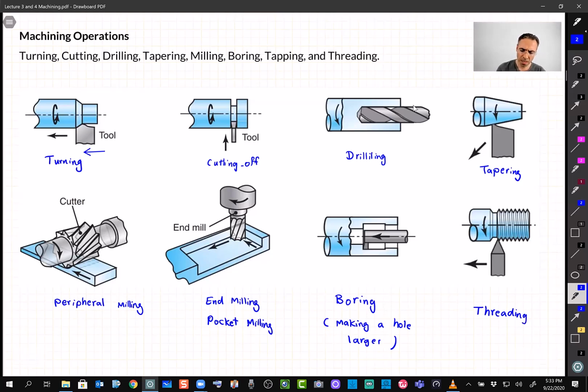All right. So in this module, we are not going to study all of these. We're going to focus on the turning process, and also we are going to study these two milling processes, which are basically the same. Those are the most important, and the rest are very similar.